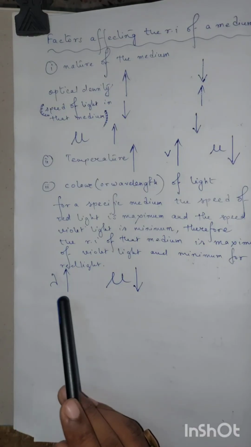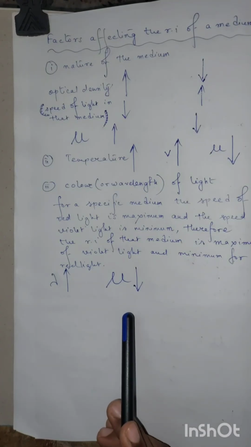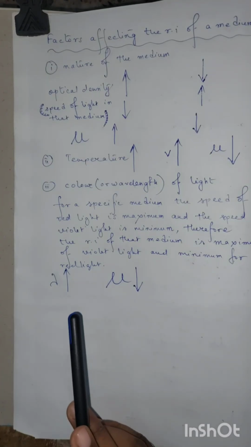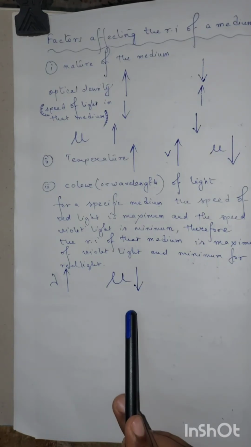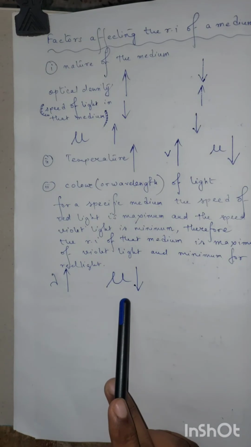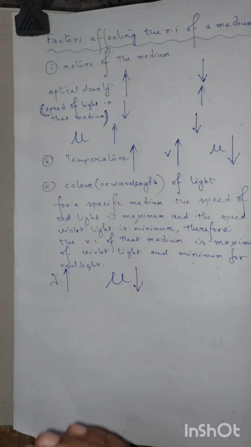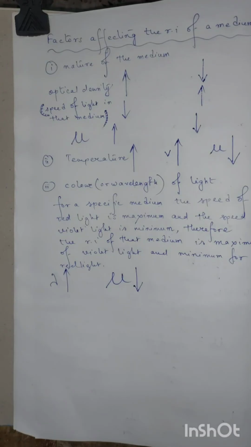The wavelength of red light is maximum, that is why the refractive index with respect to red light is minimum. So wavelength and refractive index are oppositely related.